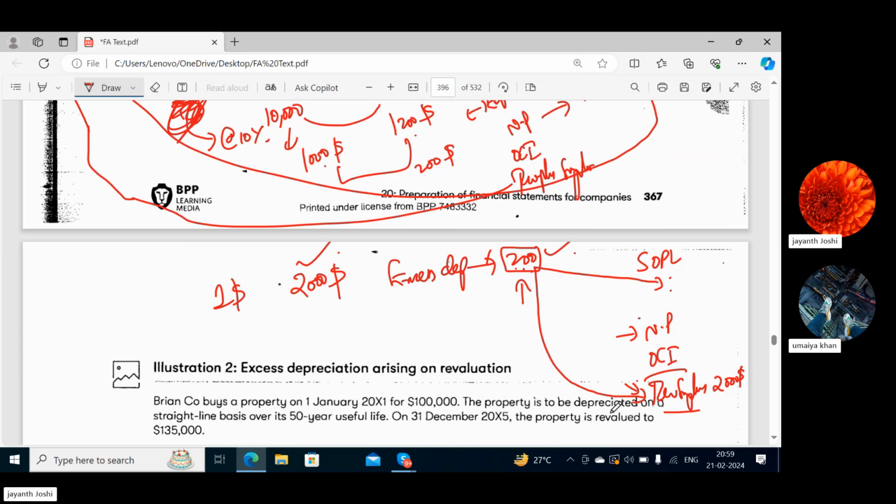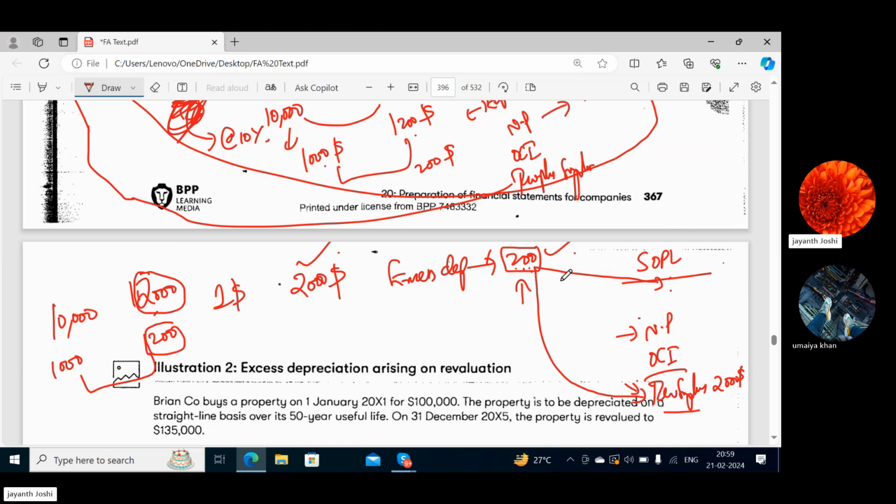Because the property value has increased, right? Property value was 10,000. Now property value is 12,000. Previous depreciation was 1,000. Now depreciation is 1,200. So the excess depreciation has been created because of this revaluation gain of 2,000, right? So the income with which this expense should match is not there in the SOPL. It is there in OCI.